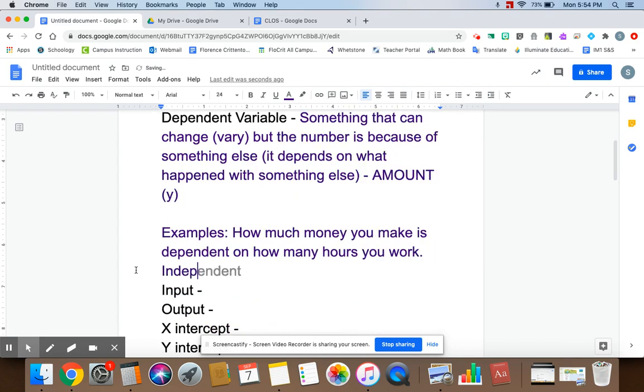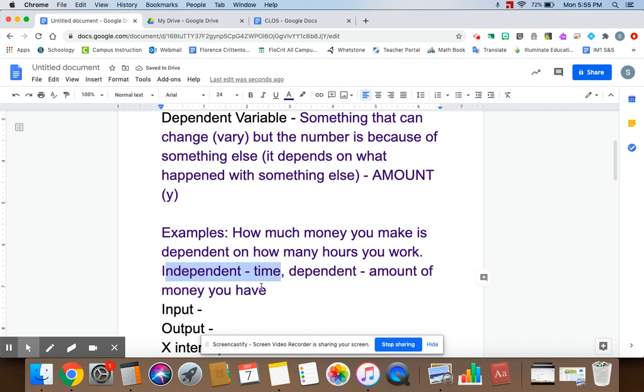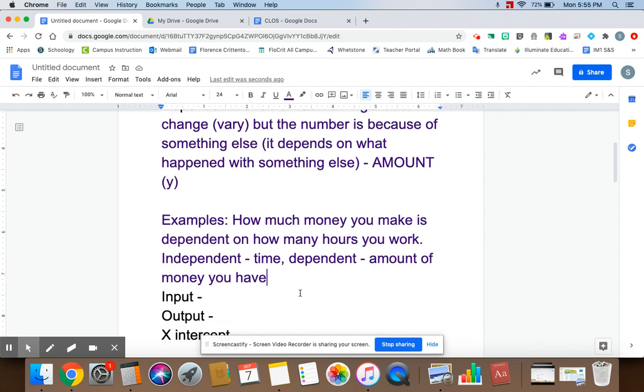In this case, the independent variable is how much time you worked. And so your x would be time. And then the dependent variable is the amount of money you have, which depends on this independent time.